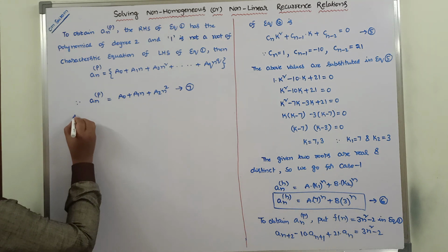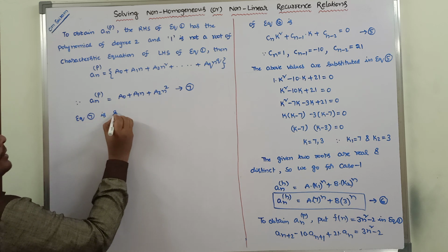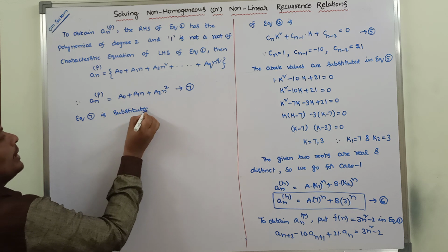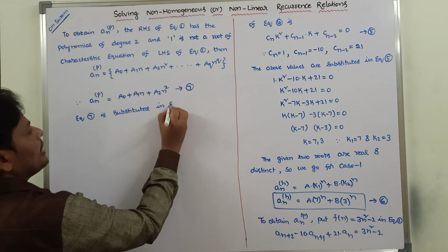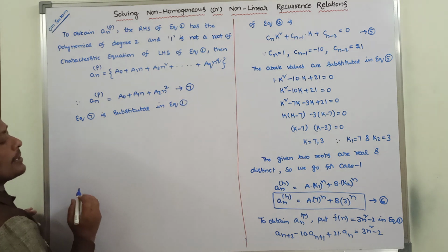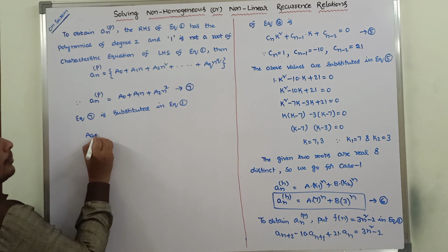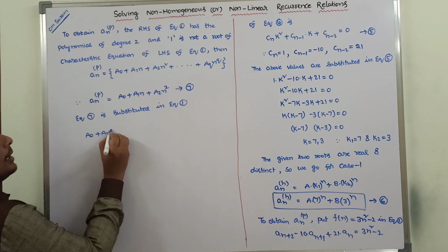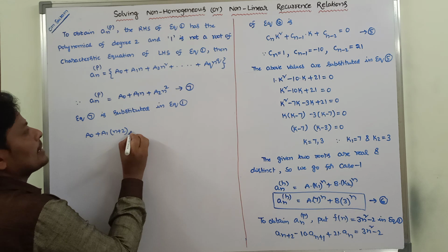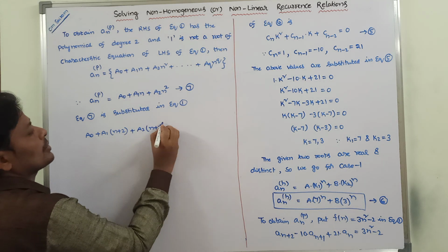Okay, so then equation 7 is substituted in equation 1. Okay, so now it becomes a suffix n plus 2 is nothing but a naught plus a1. In the place of n we are substituting n plus 2 minus plus a2, here n plus 2 whole square.